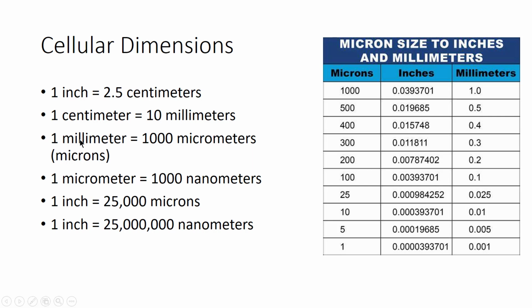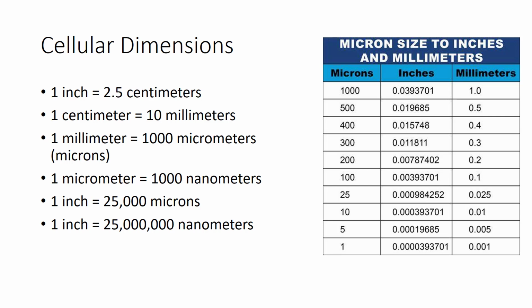So 1 millimeter, if you were to pull up a metric ruler, is the smallest notch on a metric ruler. 1,000 micrometers or 1,000 microns can fit across that tiniest little space on a metric ruler. That's the kind of units of measure that we typically use to measure cells in a general sense.